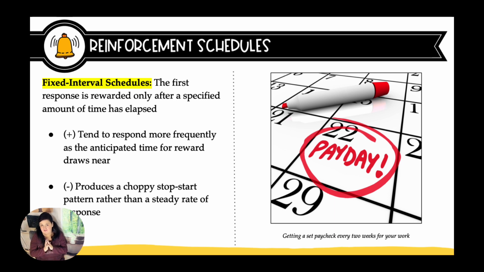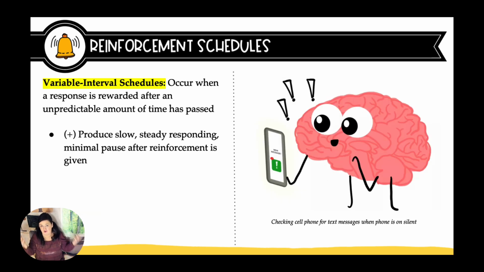So the opposite of that is variable interval. Like, you don't know when the quiz or the test is coming, but as a disciplined student, you keep studying anyway. Because you know at some point you're going to have a test. And for example, on last Friday, I gave a pop quiz. You had no idea that it was coming.